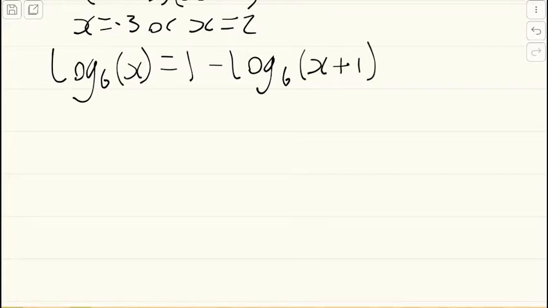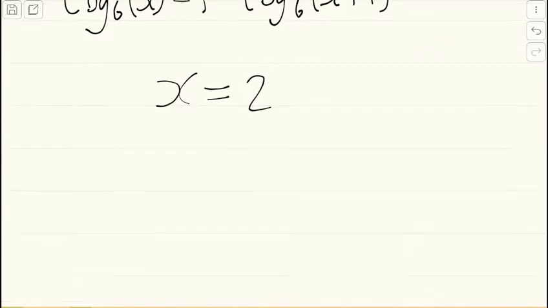Now if I just check that, log to the base 6 of x, if I were to put x equals minus 3, that would not work because you cannot put a negative number as an argument for your log. So actually the only solution is x is equal to 2. Right. Let's look at another example.